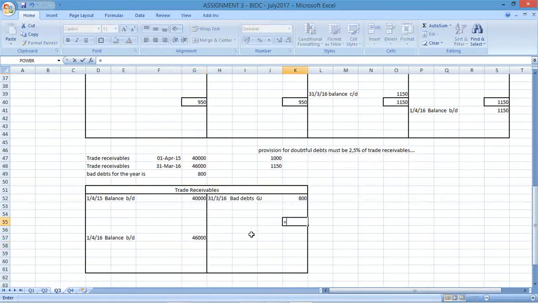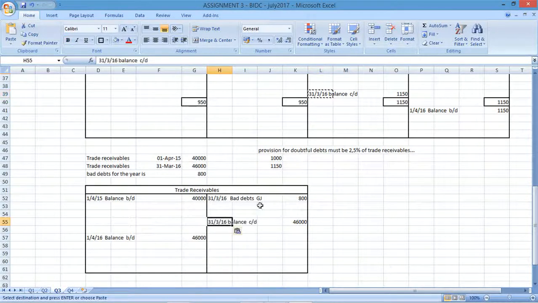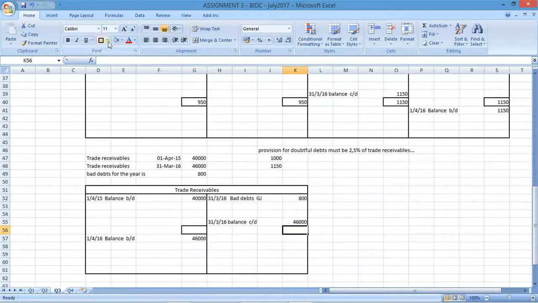We were told that in the question. Balance brought down and balance carried down. Brought down, carried down. Fine, we've got that. And then we would show this. And okay, we've written off bad debt there. We had a balance here. We're going to have to sum up this plus that equals that.